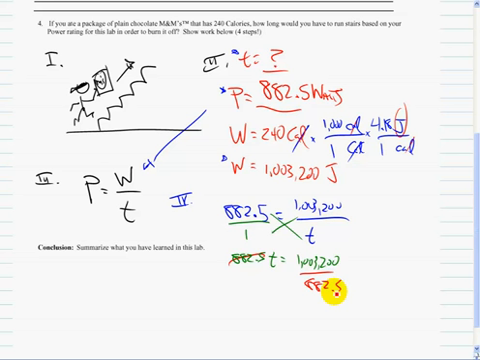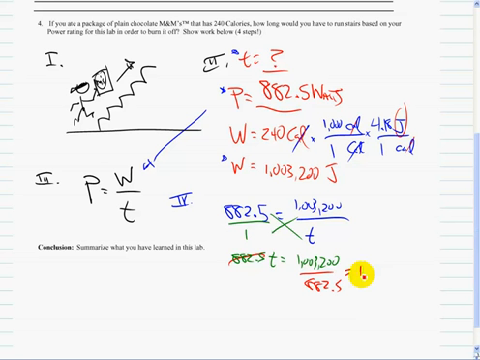Get out your calculators. Take 1,003,200 and divide that by 882.5. And we can figure out the time for Kevin to burn it off. Of course, you're going to figure out how long it takes you to burn it off, right? What did you get when you punched it in? Let's go ahead and round that off. We're going to round the time to 1,137.